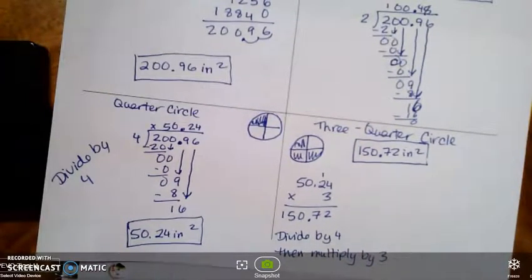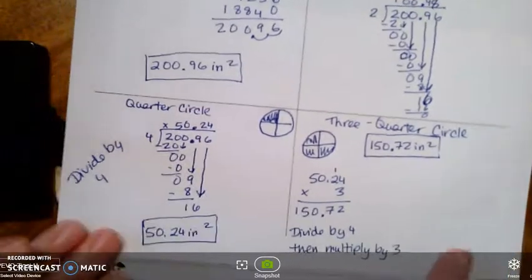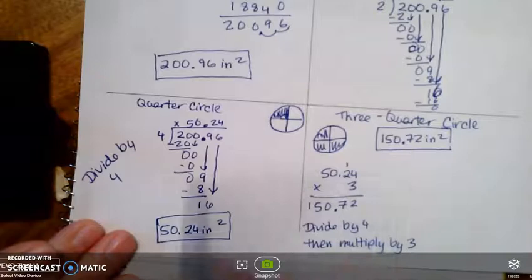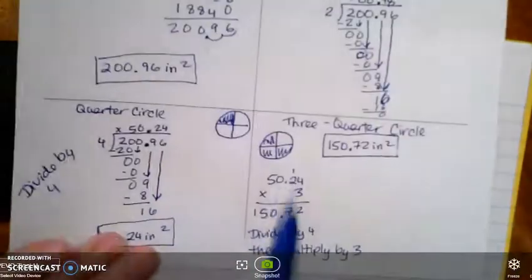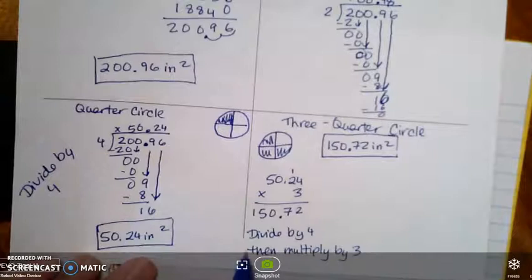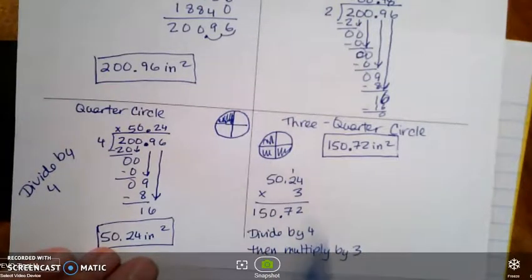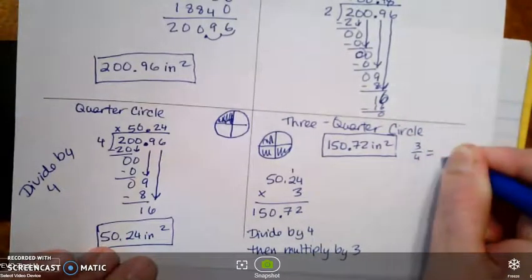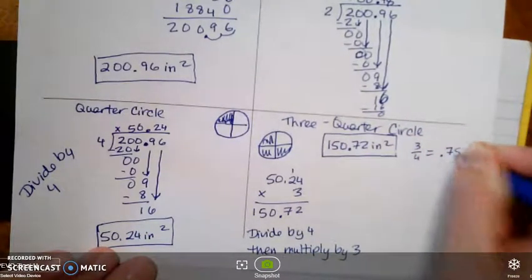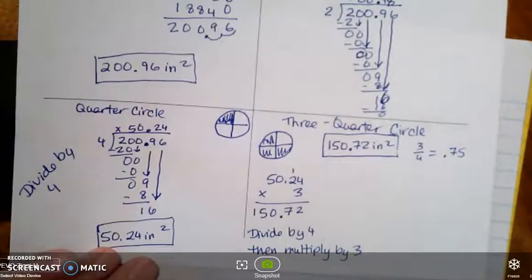Okay? Now, the other way you could do it, there's actually other ways we can do these too. So you can choose. I tend to go with this method because I feel like there's actually less chance to make a little mistake, but that's a matter of opinion. So what you can do is 3/4 is the same as 75% or 0.75.